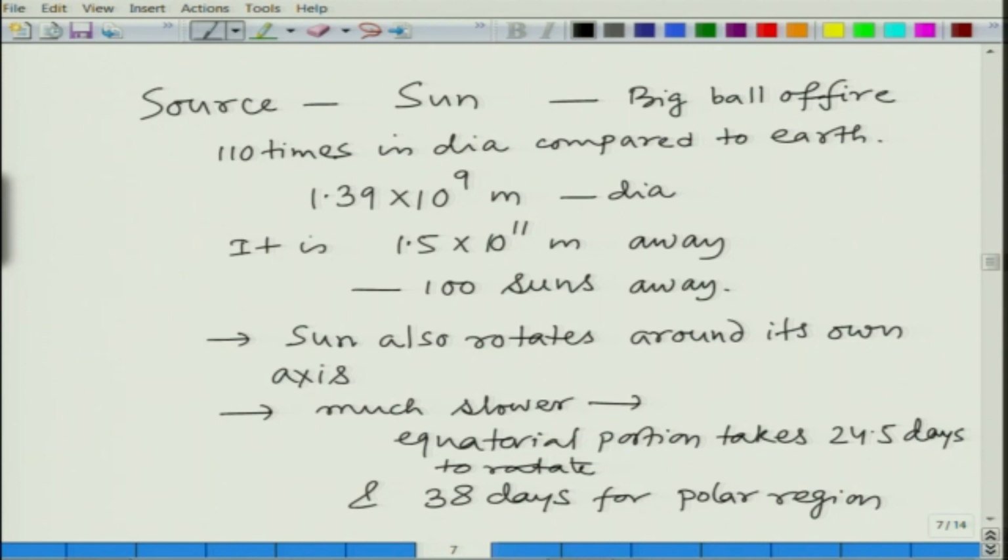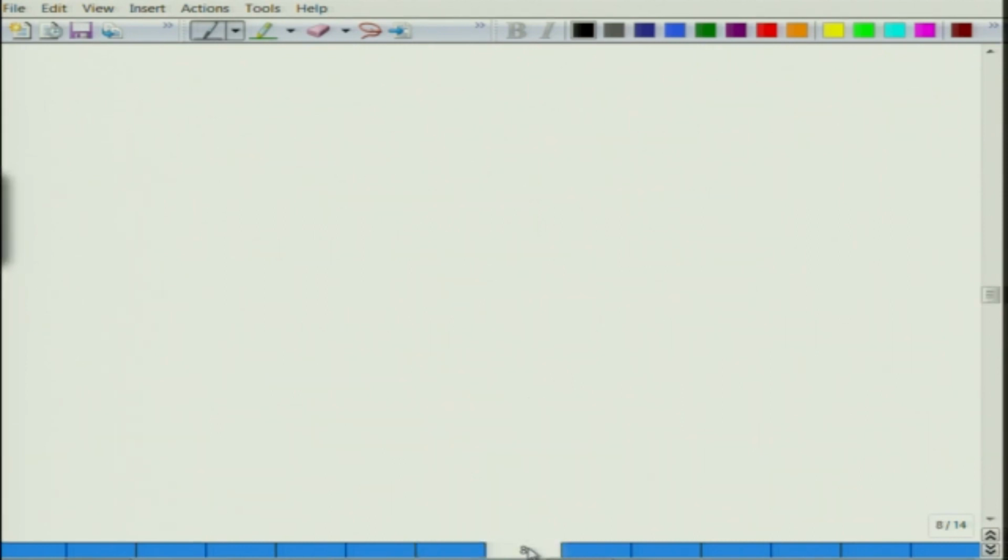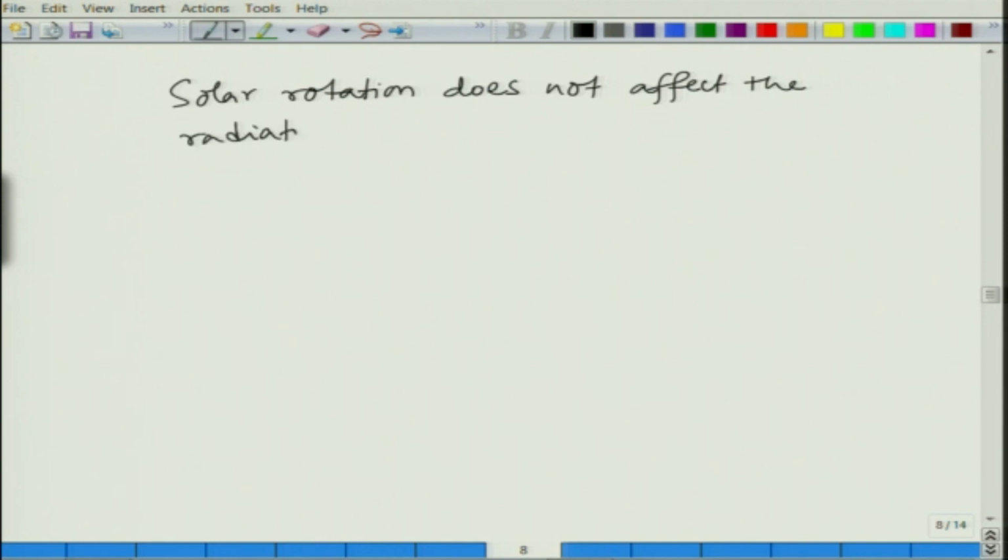Okay. So, that is about sun, and this solar rotation we are not bothered much because it does not affect the radiation that we receive. Okay.